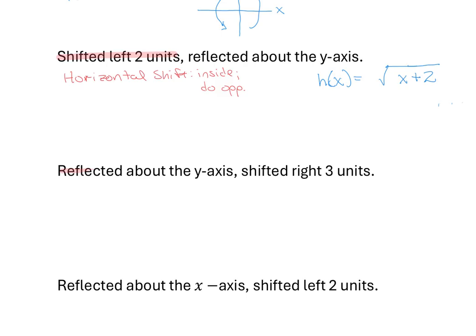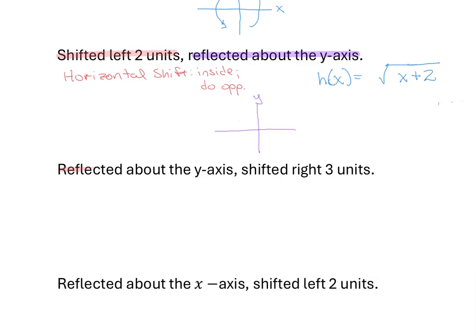All right, the other thing we have is we have reflected about the y-axis. And so if we look at this visually, this is my y-axis. And if we're reflecting about the y-axis, we are going side to side.